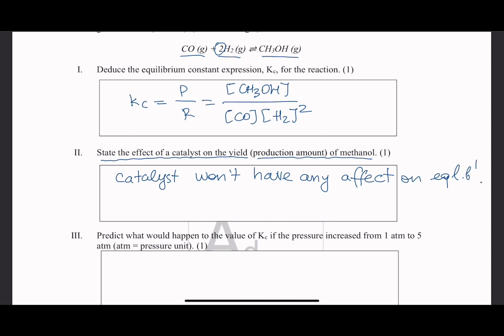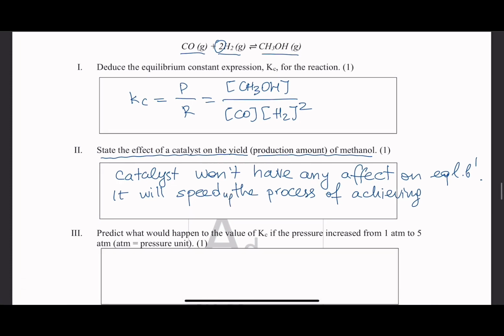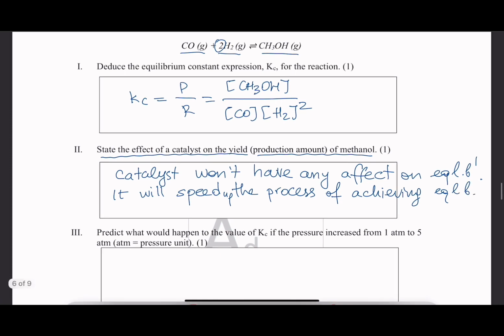It will speed up the process of achieving equilibrium, but no concentration change. I think most of you got this right.